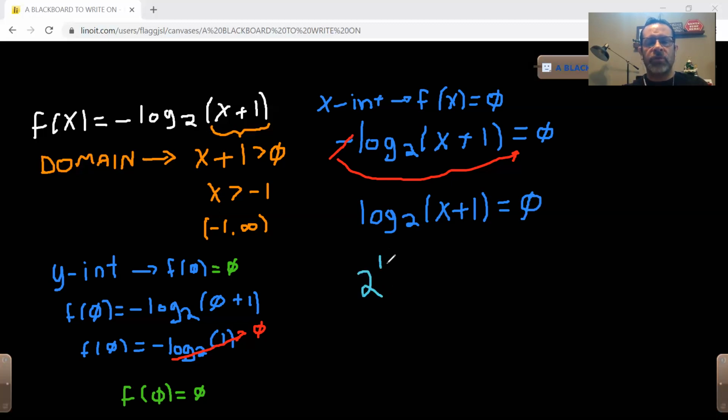So I can say 2 to the log base 2 of x plus 1 is equal to 2 elevated to the 0. Basically I'm elevating both sides of the equation. If I have 2 elevated to a log of the same base, these are eliminated, and I'm just left with x plus 1.